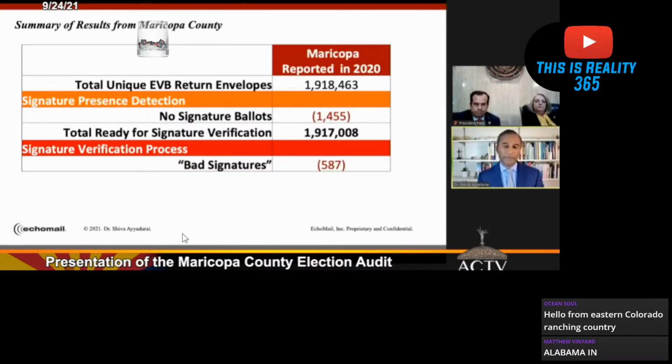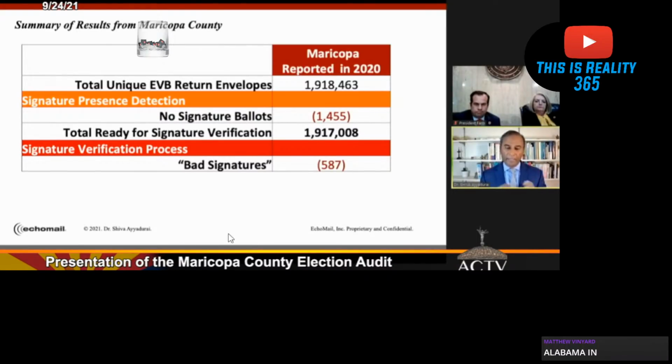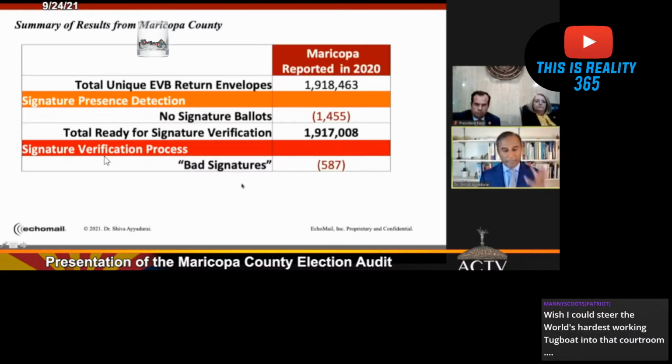Now in signature verification, it's a detailed process, you can read the report, but counties vary, and Maricopa is considered, along with Florida, apparently to have one of the better signature verification processes, but according to that, out of the entire lot of 1,918,463, 587 after this verification process where someone looks at the signature and they look at the voter registration signatures and they're doing typically what's called a 27-point analysis.